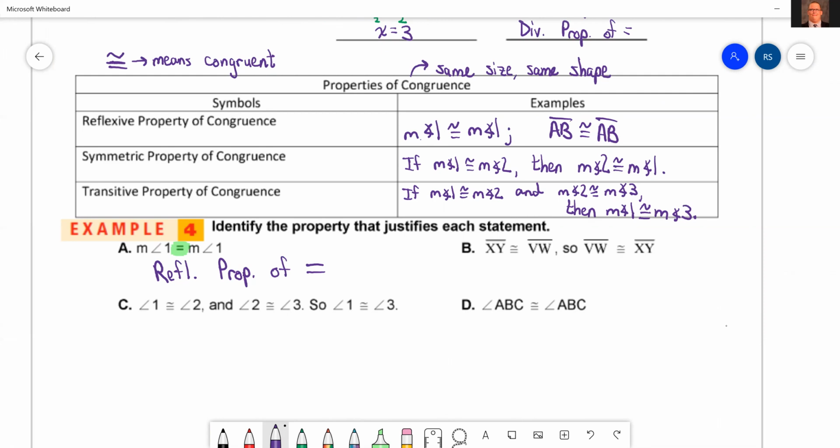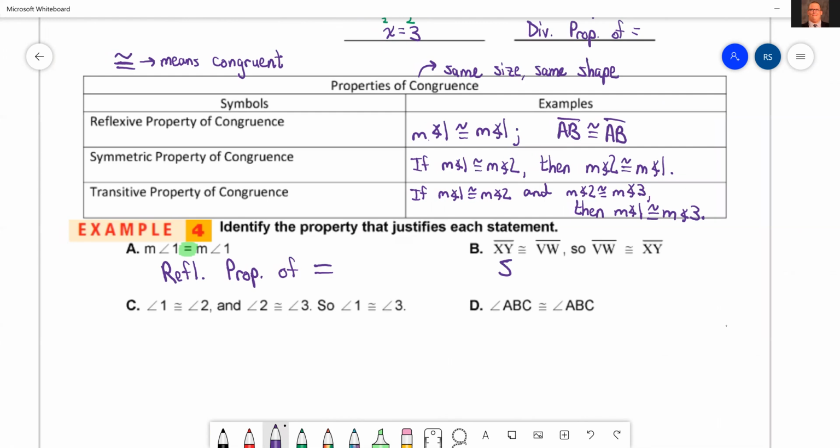Symmetric property. So that's what I'm going to say here. The symmetric property of, and then what's our sign? Congruence. So that's the sign I need to put here. Congruence.